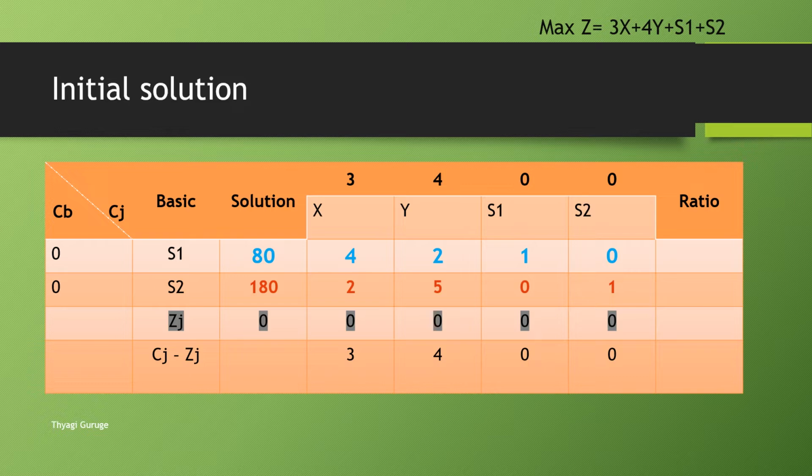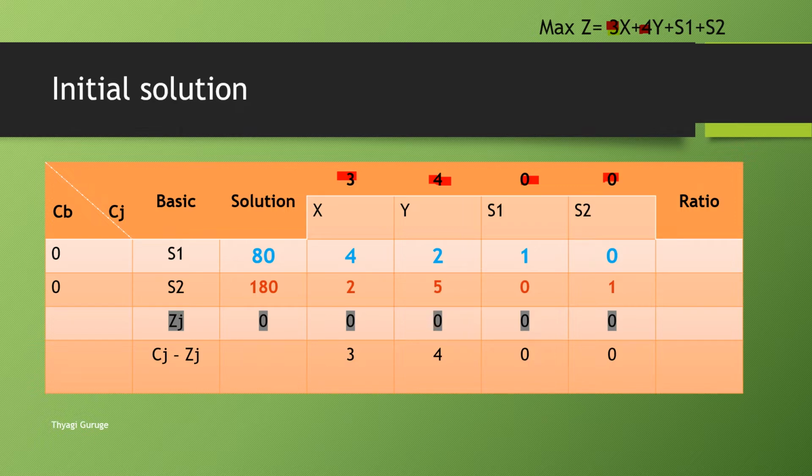Here, since in the objective function we have 3x, we are going to put 3 on top of x and 4 on top of y. Since we don't have any unused capacity there, we are going to put 0 on top of S1 and on top of S2 we are going to put 0.